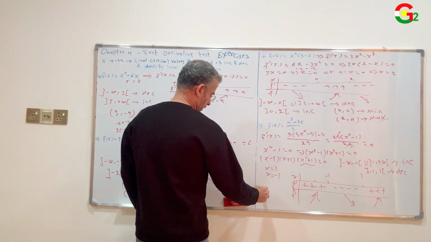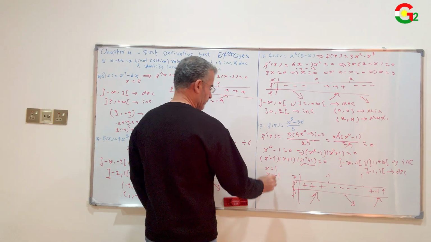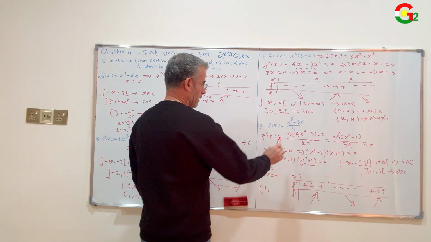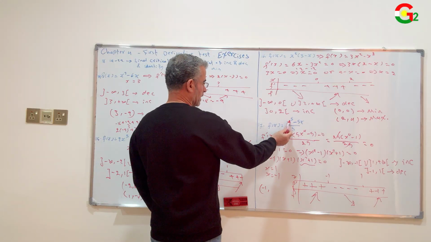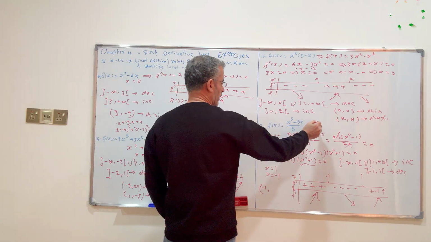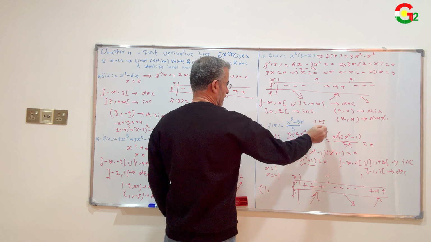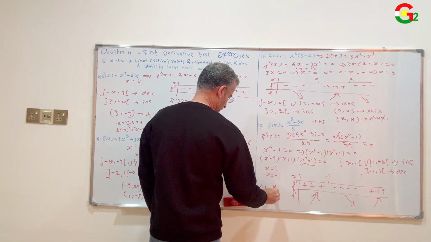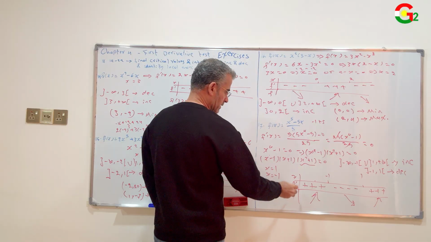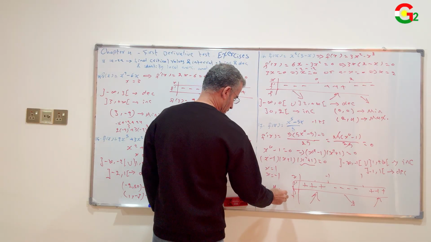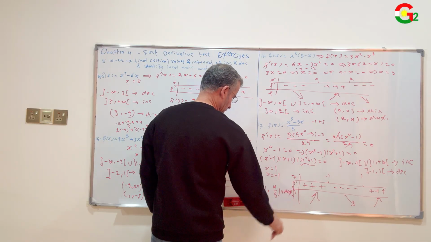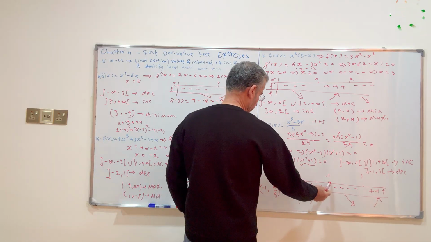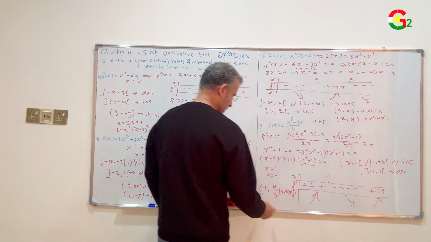And when x equals negative 1, the y coordinate is negative 1 to the power 5, negative 1 plus 5, 4 over 5. It is a local maximum point since the function changed from increasing to decreasing.